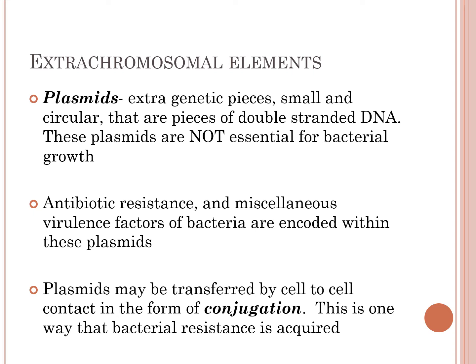What the plasmid does is it promotes antibiotic resistance and miscellaneous virulence factors of bacteria. They are encoded within these plasmids. So MRSA and VRE form from plasmid information. Plasmids may be transferred from cell to cell through what's known as conjugation, via the conjugation pilus.